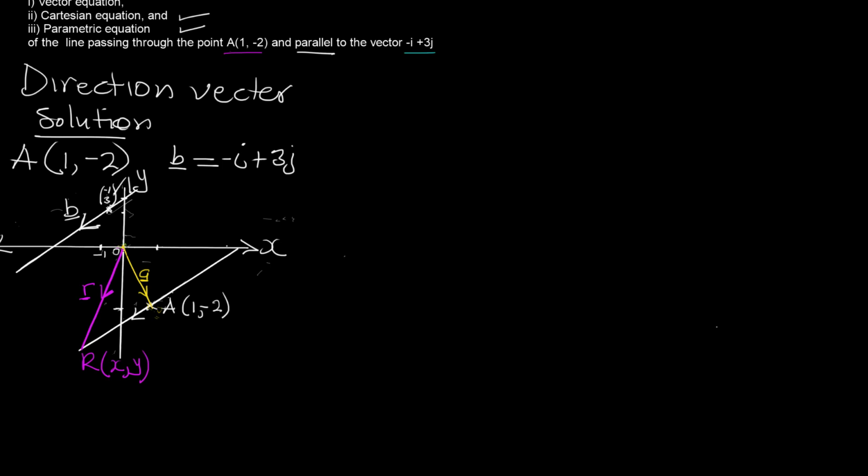Take note, we are saying that this is an arbitrary point on the line. So in vector form, we can write vector OR is equal to OA plus AR.